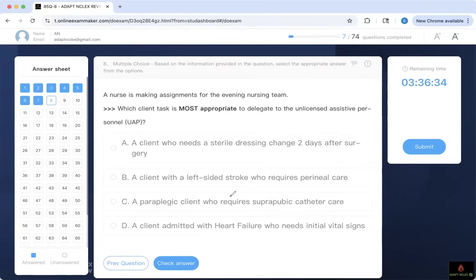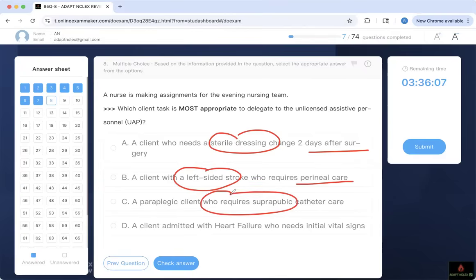Which client task is most appropriate to delegate to the UAP? A nurse is making assignments for the evening nursing team. Fine. Who? UAP. Anything that does not require thinking. And what? ADL. A client who needs what? Sterile dressing change 2 days after surgery. Do you think it's appropriate? Left-sided stroke, perineal care.